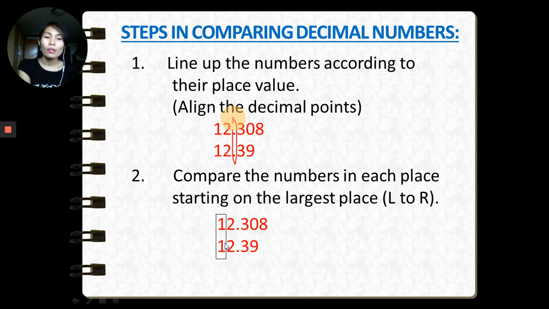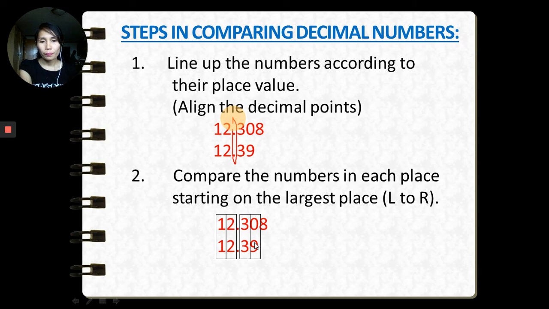Now let's compare the numbers starting on the largest place. The largest place here is tens. Okay, so 1 and 1, they're equal. We cannot decide yet. 2 and 2, again equal. Now tenths place, 3 and 3, again the same, again equal. So we cannot decide yet which one is greater, but on the hundredths place, it's 0 and 9.